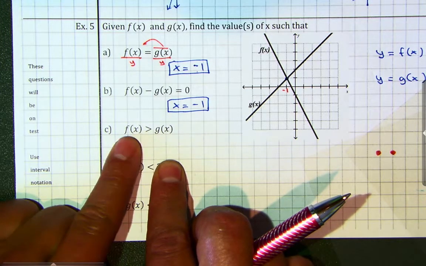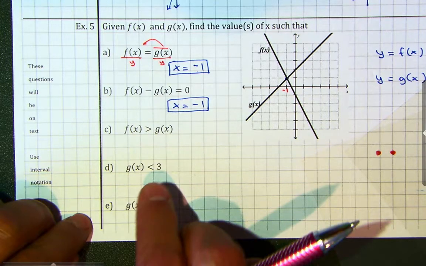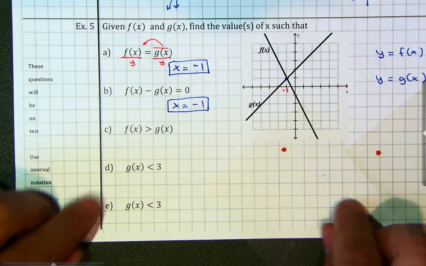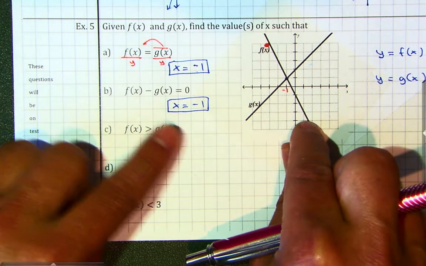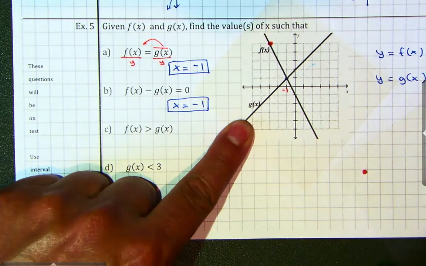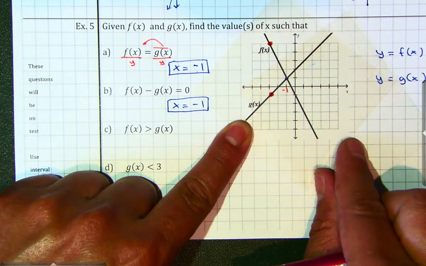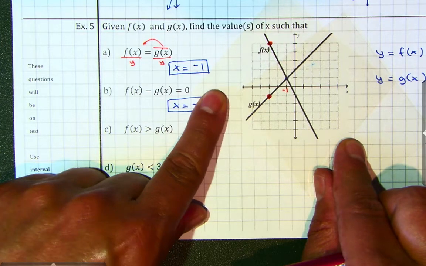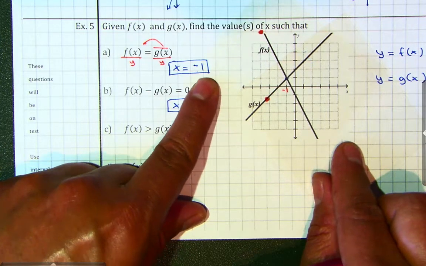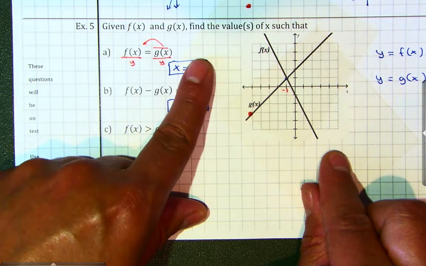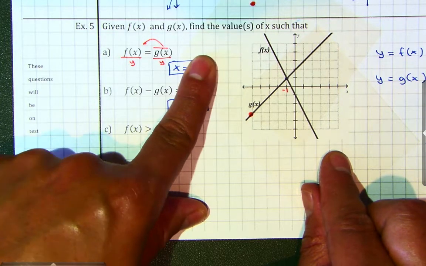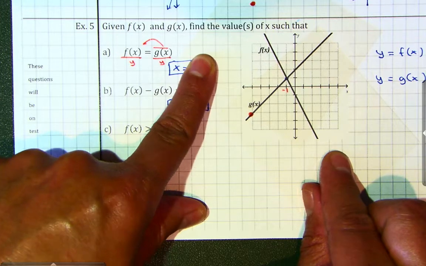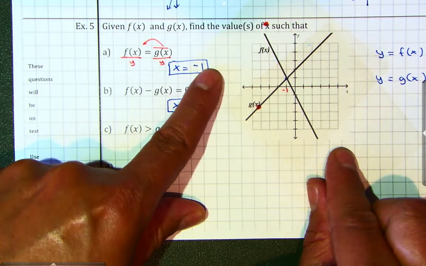So when is f of x greater than g of x? If we start here, the y value for f of x is 5, and the g value is -1. So that is correct. f of x is bigger than g of x. Even if you go over here, the y value for f of x will be 8, 10, and for g of x is -3. So when does it stop being greater than?